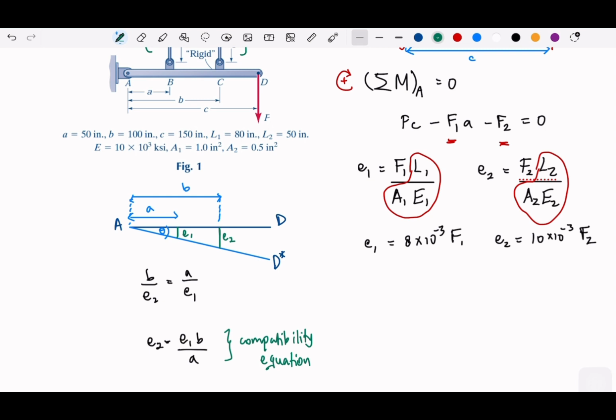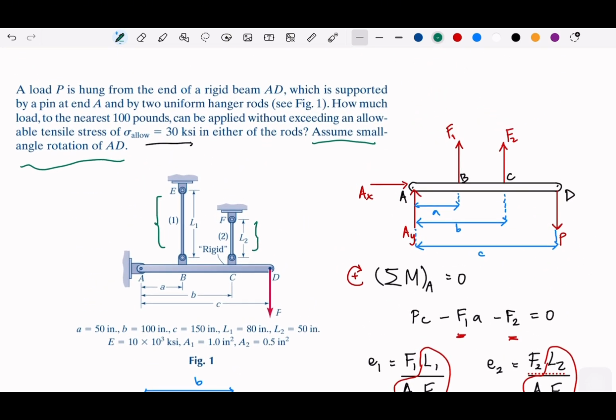So you need to think how to get this, based on the clue that perhaps is in the question, something like assuming small angular rotations, which means it will still be a straight line, not deflected like an arc, but deflected a little bit, but still a straight line like that.